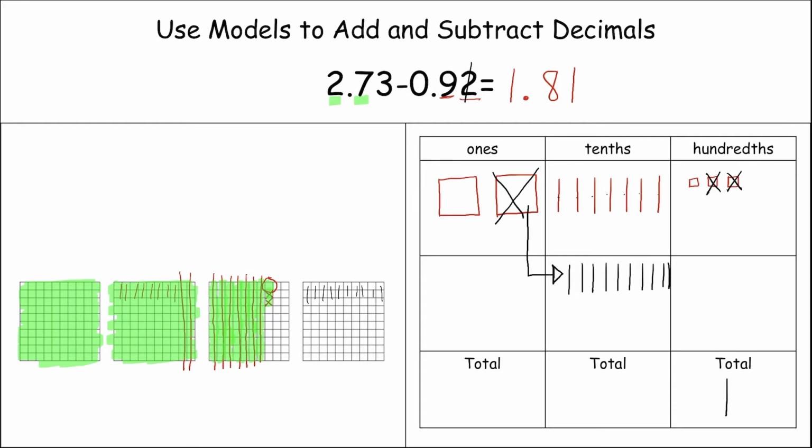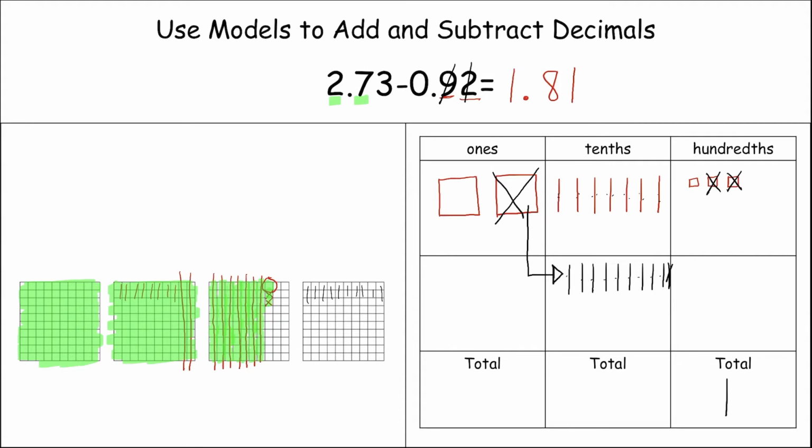Now is there enough? Yes, there is. And that's where we get that whole cross this out and make this 17, because now I have 1, 2, 3, 4, 5, 6, 7, 8, 9, 10, 11, 12, 13, 14, 15, 16, 17. Now I have 17 tenths. And now can I take away 9 tenths?